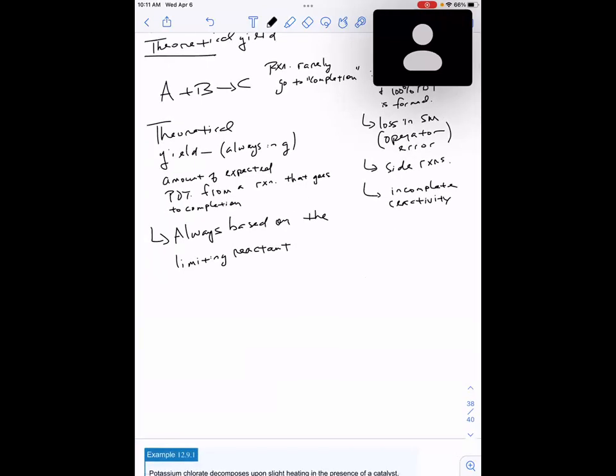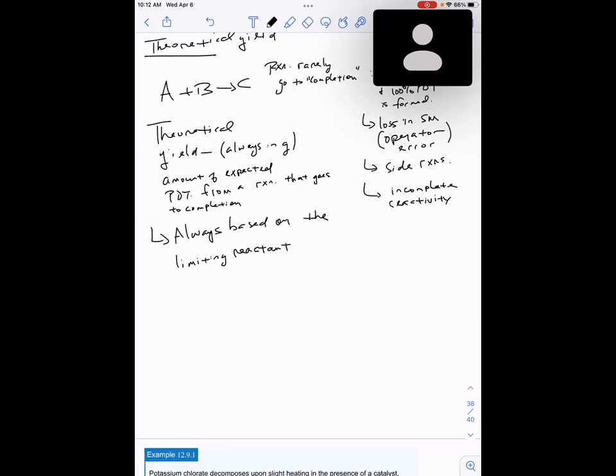You will not get any more product than the amount of limiting reactant allows, because remember, once the limiting reactant gets used up, then the reaction stops. So the limiting reactant controls the amount of product that you get.